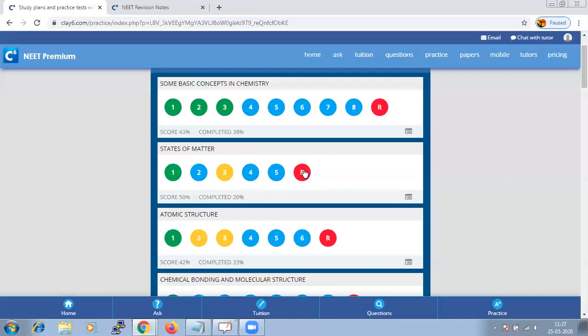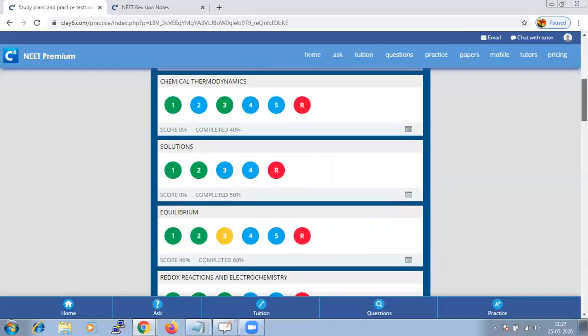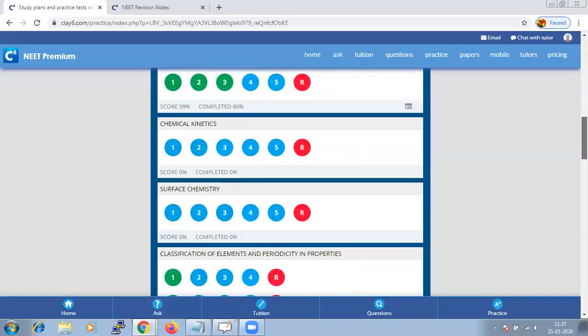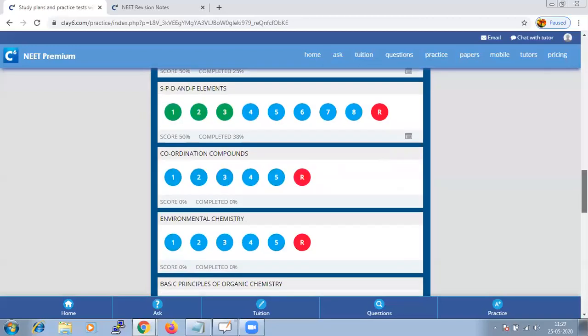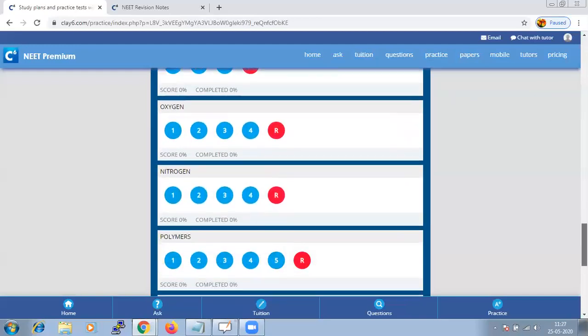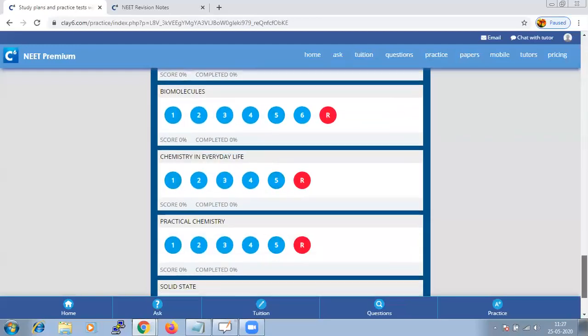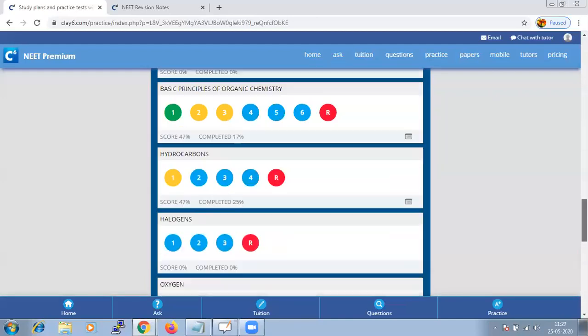R is a random test if you need any additional practice on the chapter. There is no hard and fast rule that one test can be taken only one time. You can take the test any number of times until you feel confident in all the answers of that particular test. Now let us try taking a test from the chapter solution.